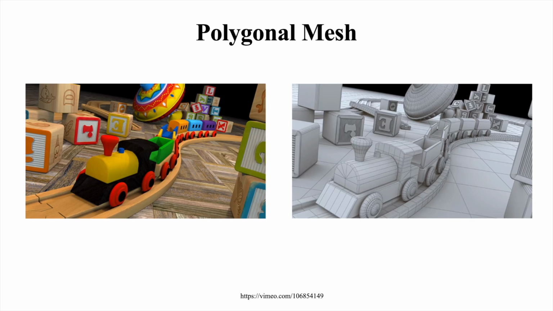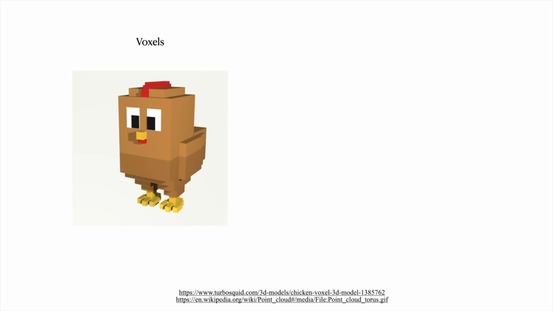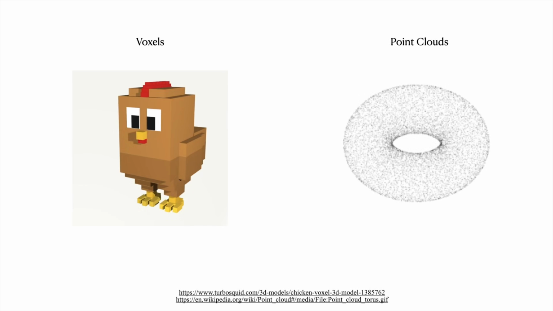However, prior to this paper, to represent a 3D object using polygonal mesh, the conventional methods don't learn the mesh directly. Instead, they learn voxels or point clouds or other things. After that, they will transform the learned voxels or point clouds or other things into the polygonal mesh. So you can basically think about this process as a two-stage learning process.